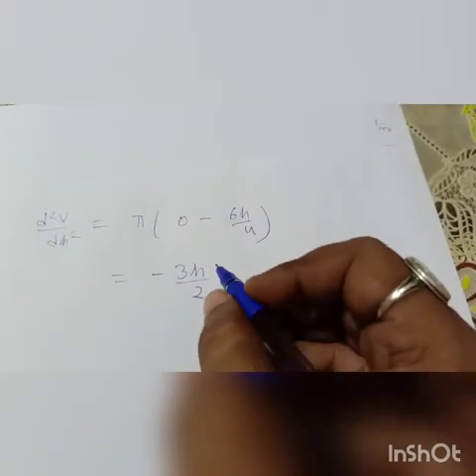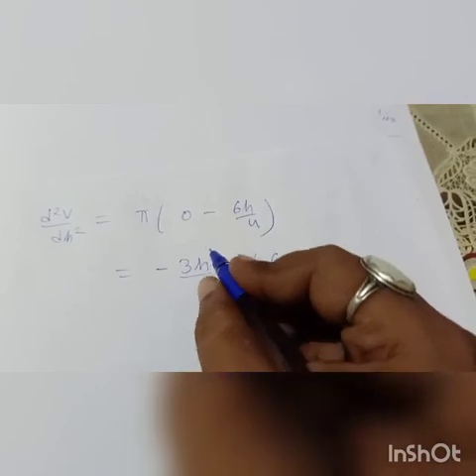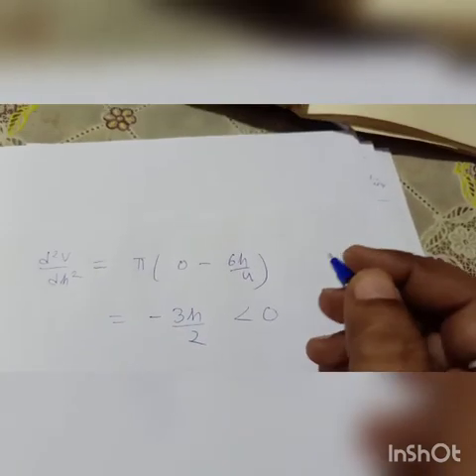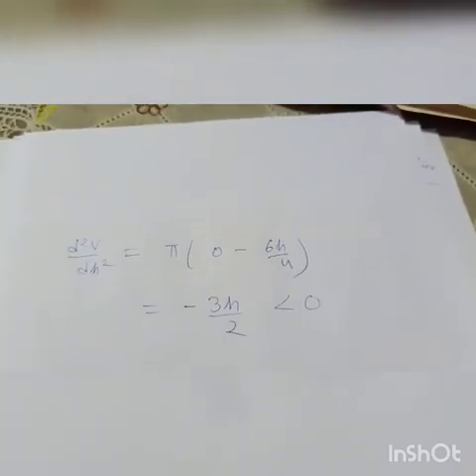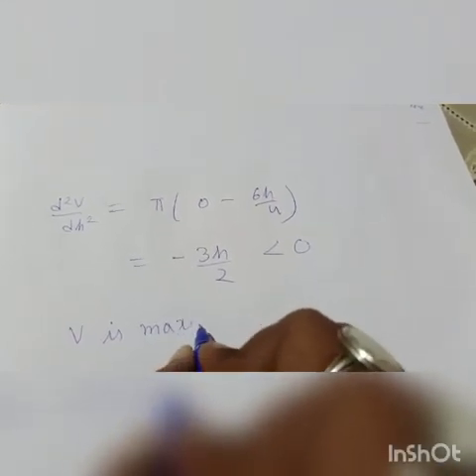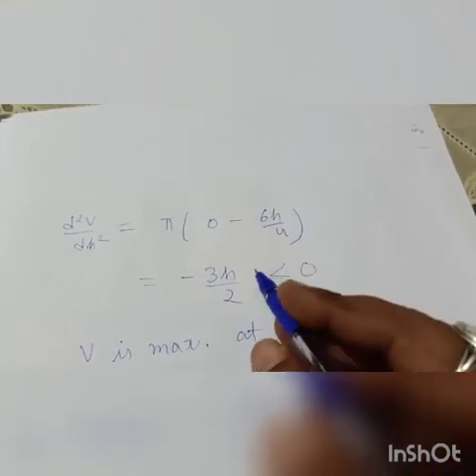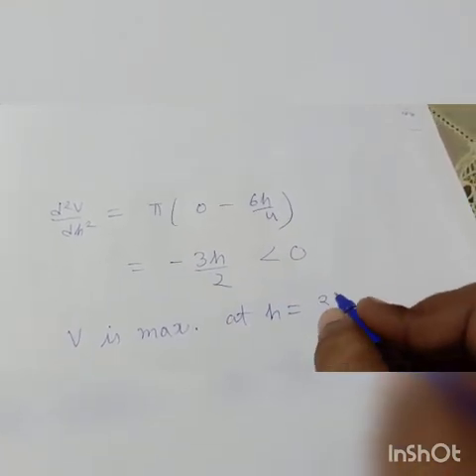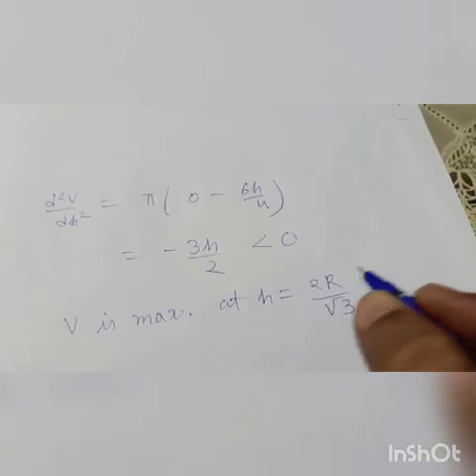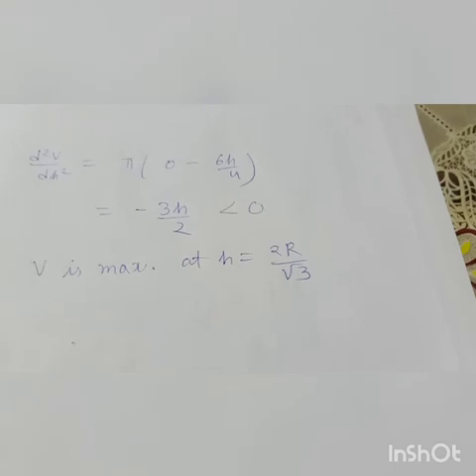Now since h is positive, it is clearly a negative value. Therefore this value is negative. So we can say v is maximum at h equal to 2R by root 3, the value of h we have already got.